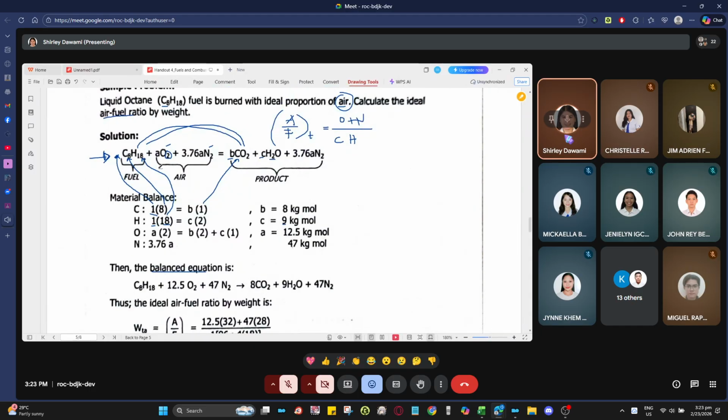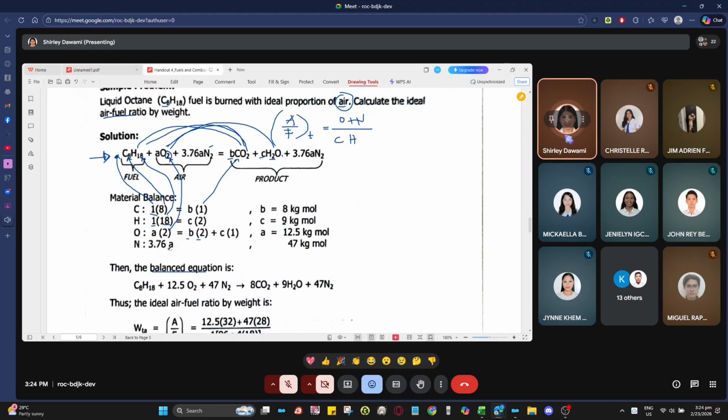For oxygen, A times 2 for the number of oxygen atoms equals B times the oxygen atoms plus C times its oxygen atom, which is 1. That gives us A equals 12.5.